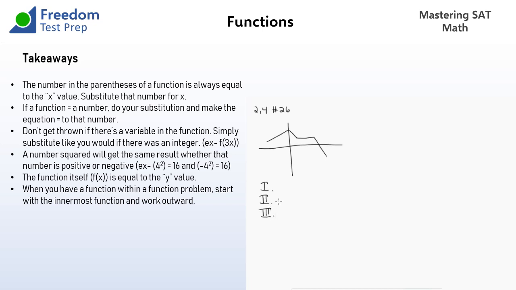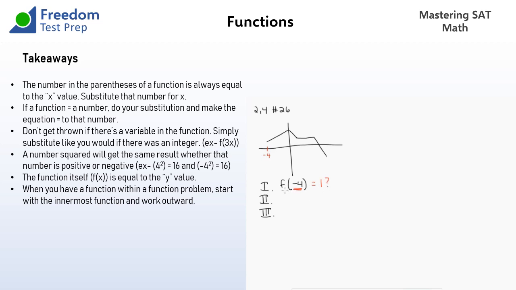Okay, but we have to focus on our Roman numerals. So let's take the first one, f of -4. Well, remember always the thing in the parentheses is equal to x. So when we go to f of -4, let's say that is -4, and the question is saying which of the following are equal to 1. That's saying, is this equal to 1?